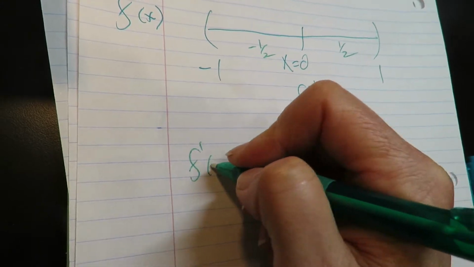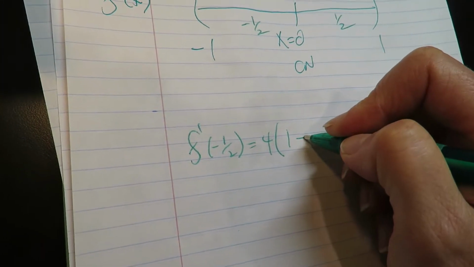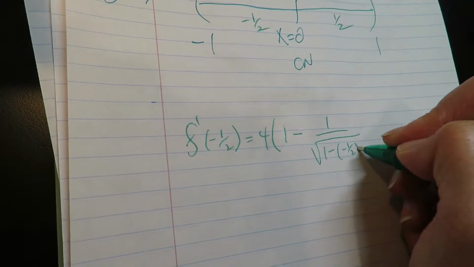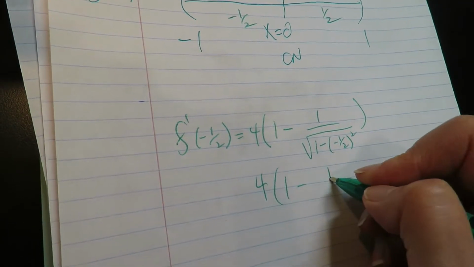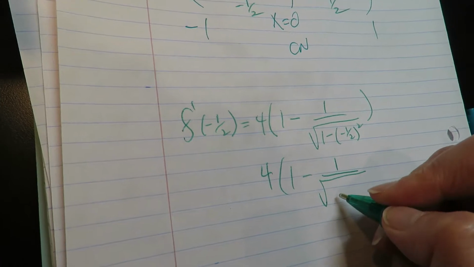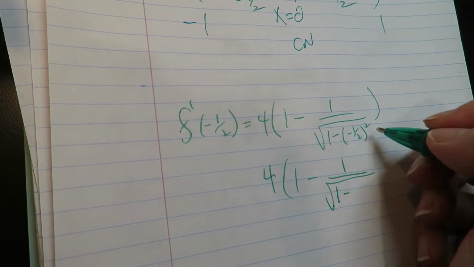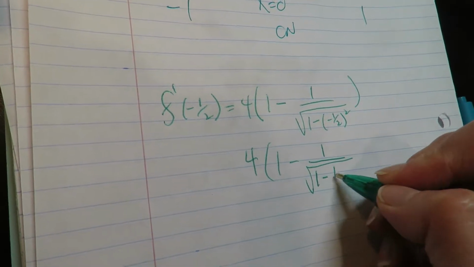You want to know whether the derivative is positive or negative. So f prime of -1/2, you're going to plug that in for 1 minus 1 over 1 minus (-1/2) squared. So 4 times 1 minus... For the people that this is obvious, you don't need me doing this, but I think because it's so funky, I'm just writing out some steps for you. -1/2 squared is 1/4.